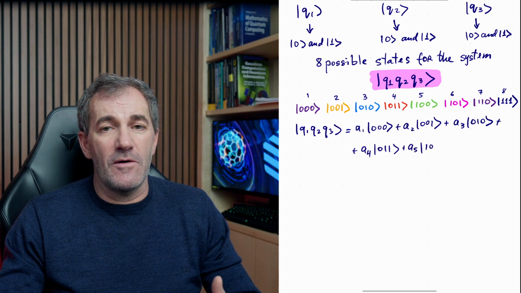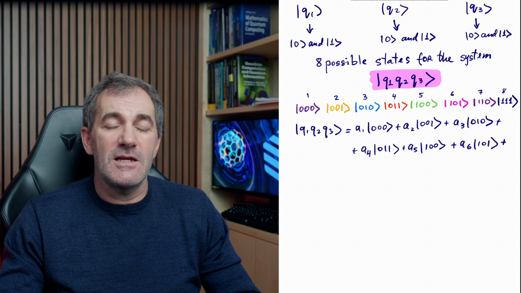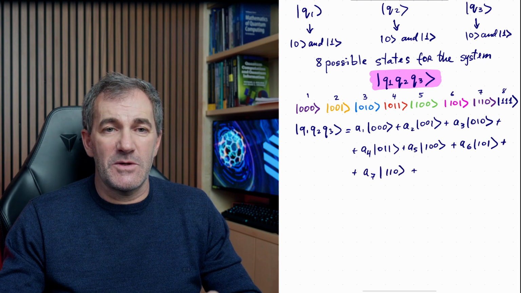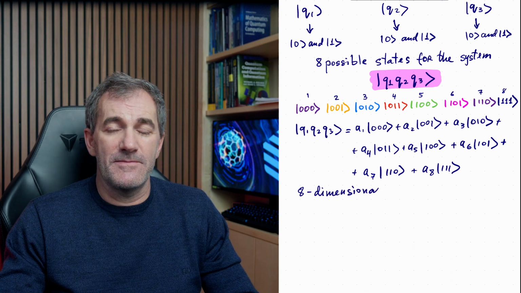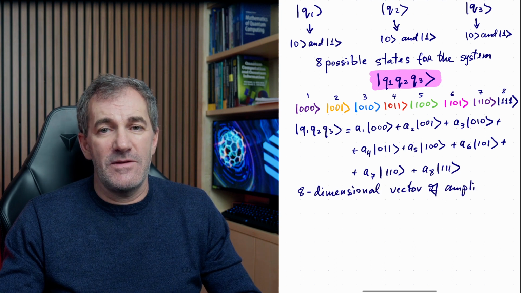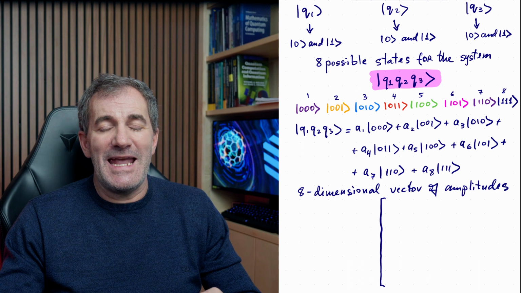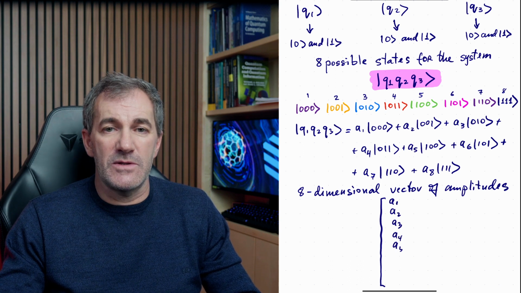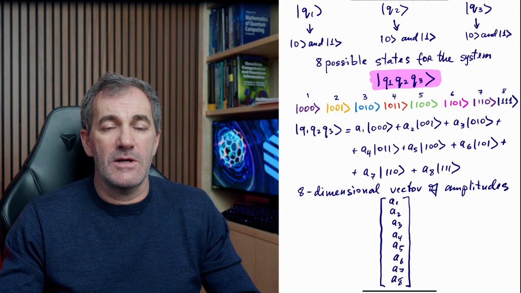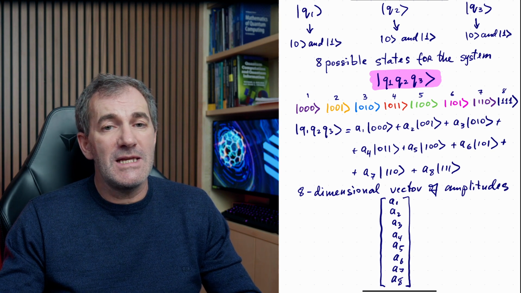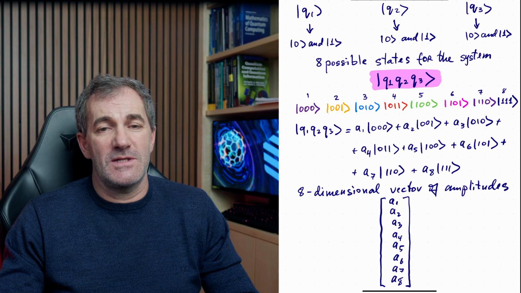The likelihood of each specific state occurring is determined by the amplitude associated with that state. Amplitude squared is equal to the probability. In essence, this 3-qubit system encodes an 8-dimensional vector of amplitudes. If we were to represent this vector classically using bits, we would need at least 8 bits to store this information.